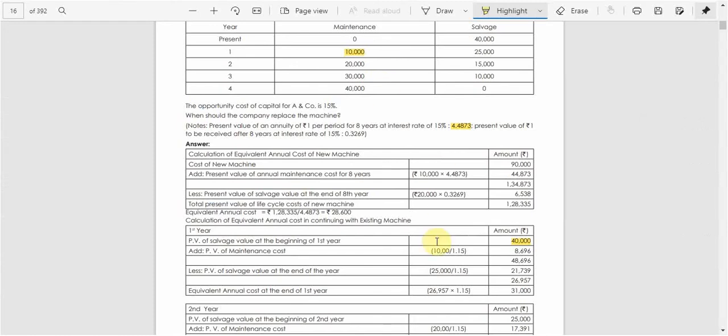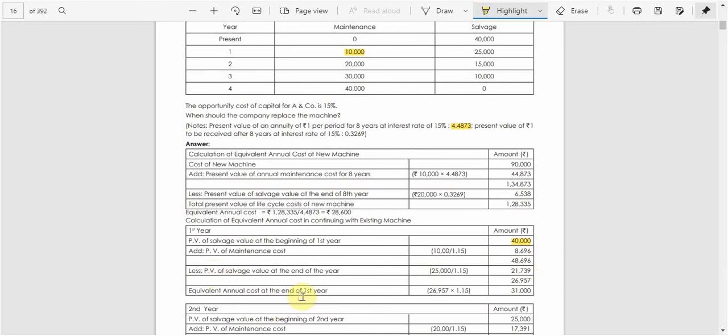So if you multiply 10,000 into 0.869, we will get 8,696. In that way also we can calculate. Understood? So the annual cost is 40,000 plus the maintenance of 8,696, which comes to 48,696.